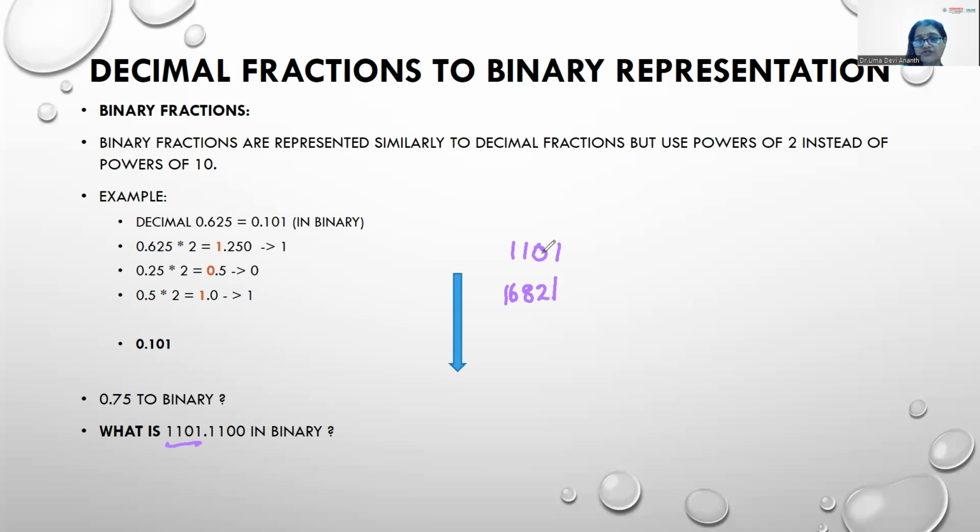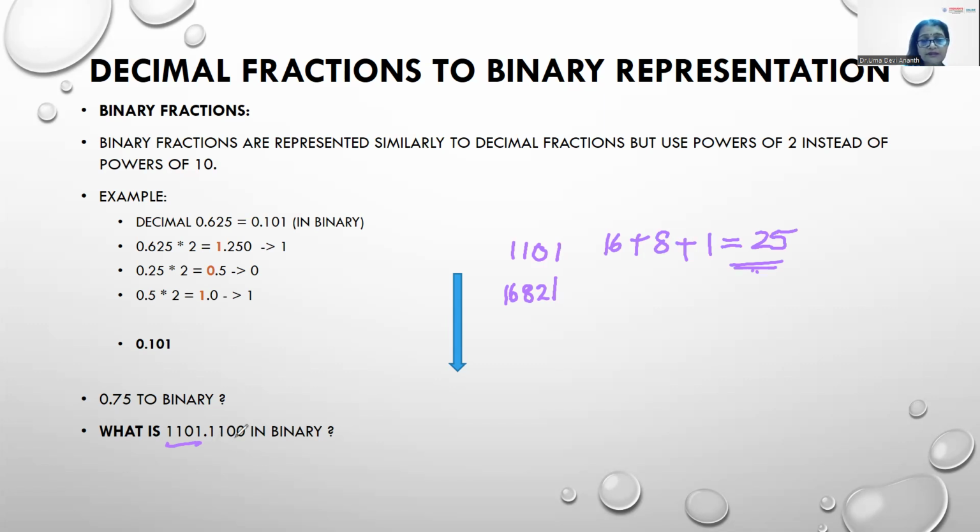Now there's a 1 over here, that means 16, plus there's 1 in the placeholder of 8, that is plus 8, plus for this there is 0, so 0 into 2 is 0 only. Then there is 1 over here, so 1 into 1 is 1. So the value is 16 plus 8, 24, plus 1, 25. So the integer part is 25. We've got the integer part in decimal.